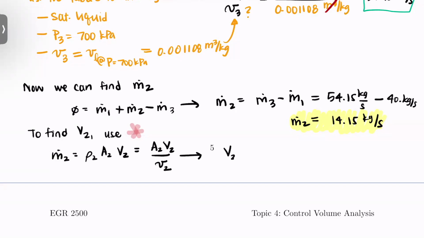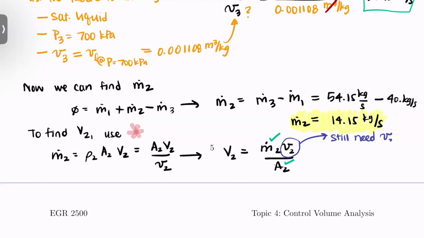And we can solve this for V2. So we have m dot 2 times specific volume at 2 divided by A2. We are given the area at 2 and we calculated the mass flow rate at 2. So we just need to find specific volume at 2, right? So we still need this.